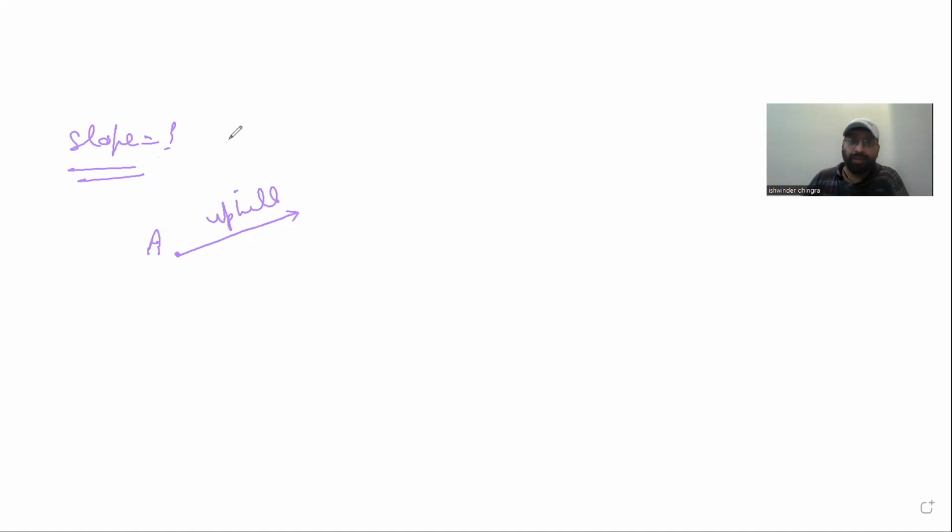I'll write it over here: slope is inclination, or we can say it is steepness. It's not sleepness, it's steepness, right? So let's suppose you are trying to go from this point A to point B, uphill.